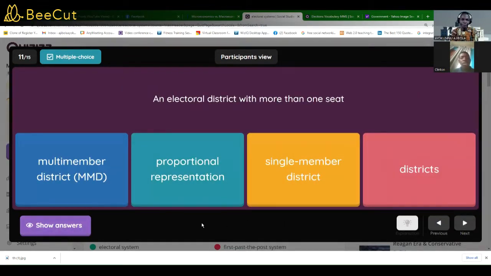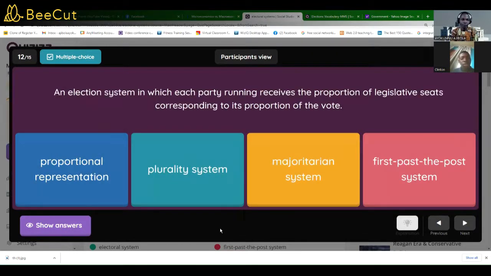An electoral district that has more than one seat is a multi-member district. An election system in which each party running receives the proportion of legislative seats corresponding to its proportion of the vote.